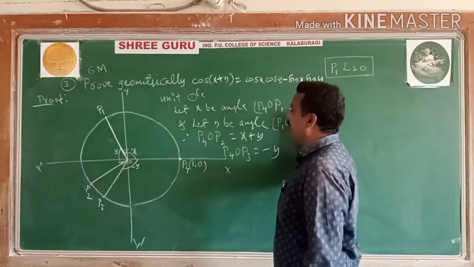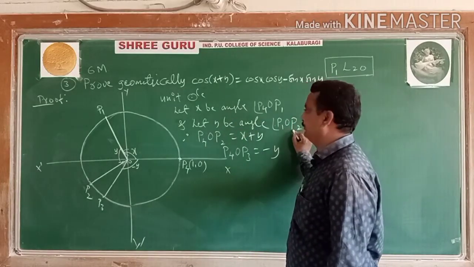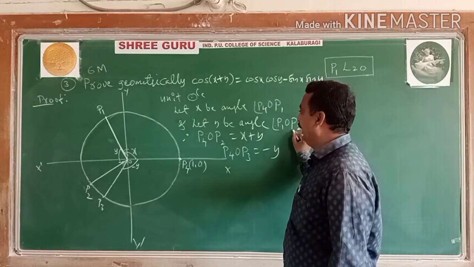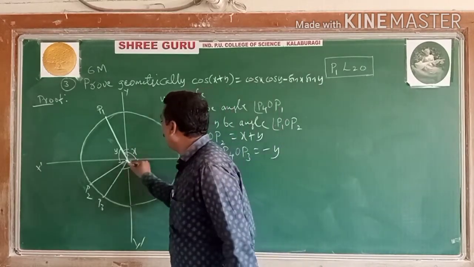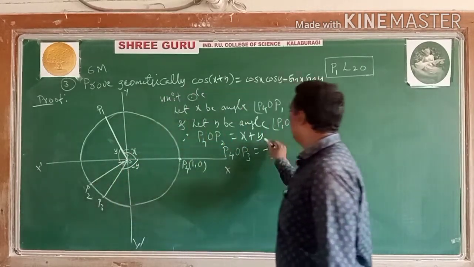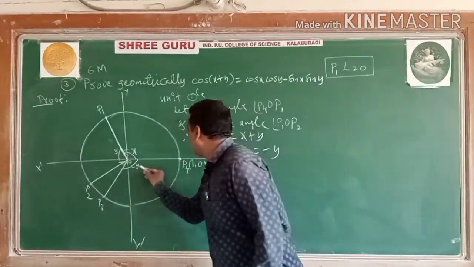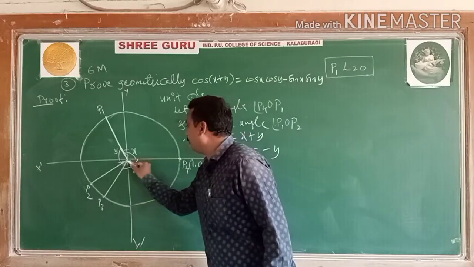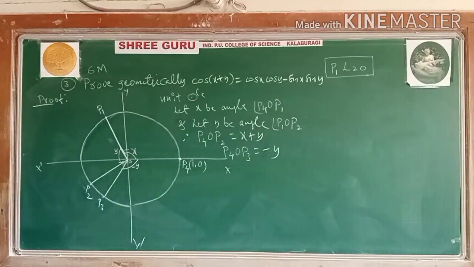Let x be the angle P4OP1, let y be the angle P1OP2, and therefore P4OP2 becomes x plus y. Further, minus y is the angle P4OP3.